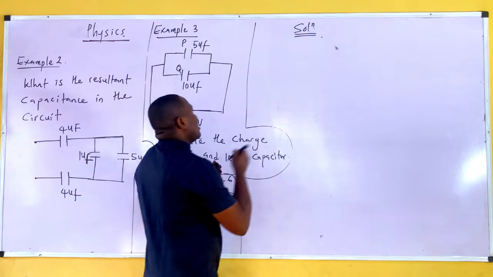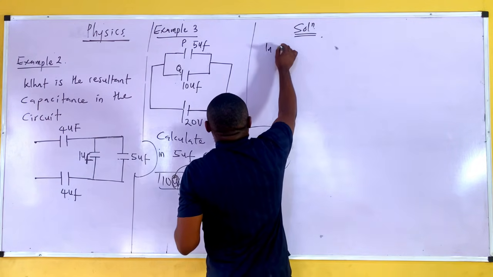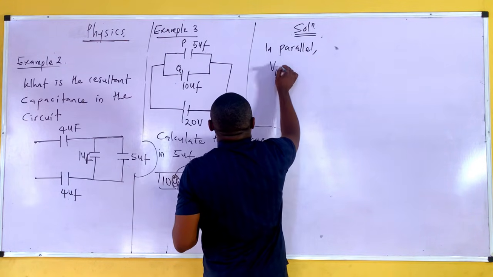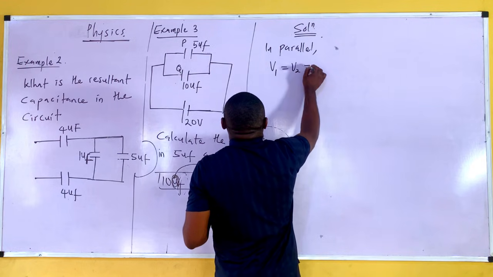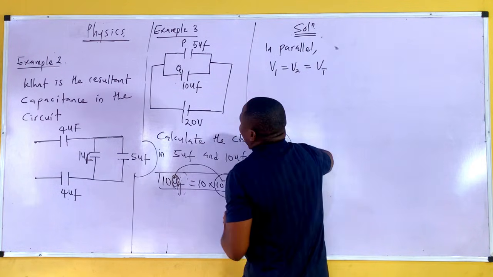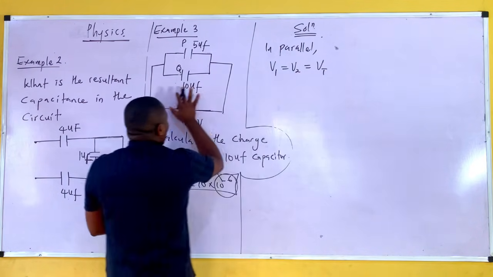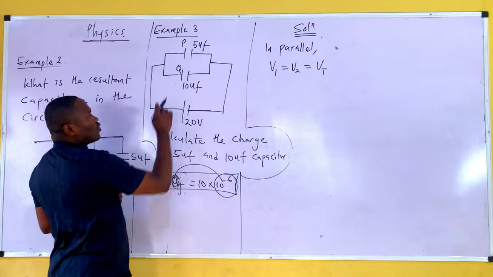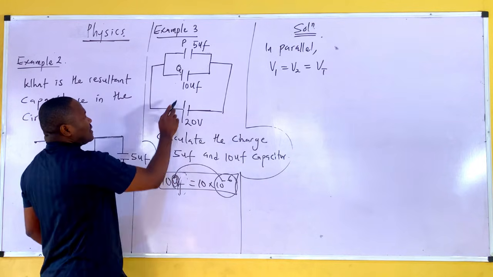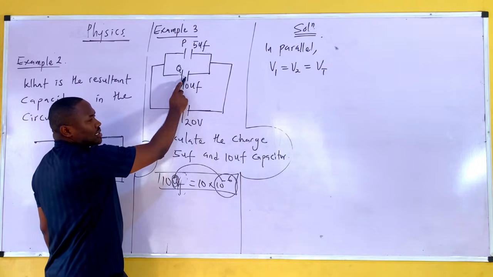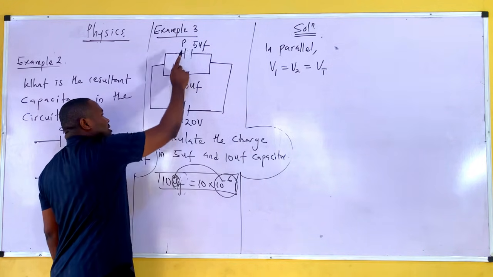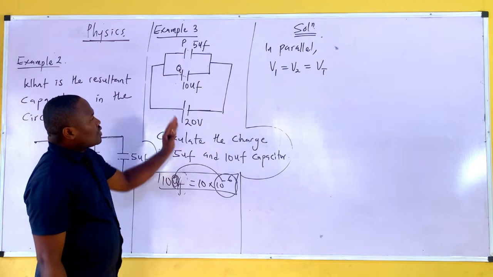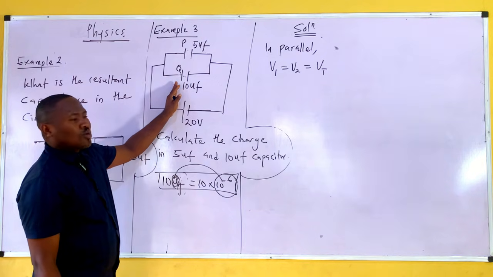We said that in parallel, V1 equals V2 equals V total. So the total voltage is what is here, is what is here. So I can boldly say that the voltage here is 20 volts and the voltage here also is 20 volts. Take note of that. That's one good way to understand such question.